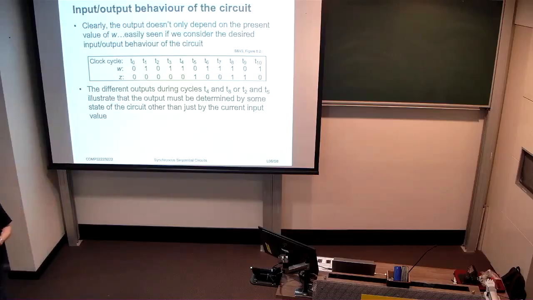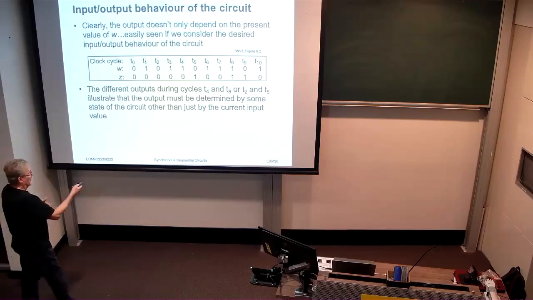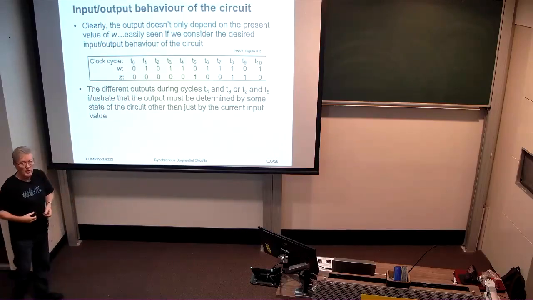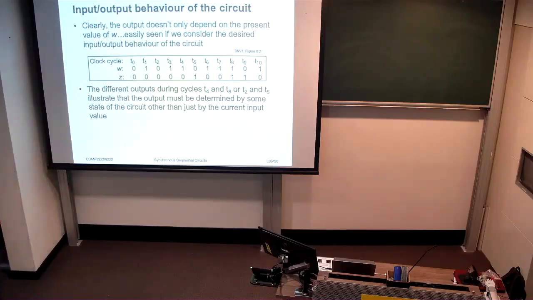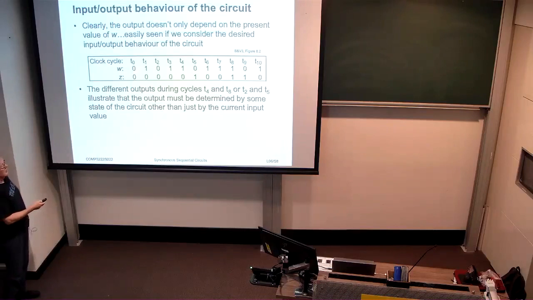So clearly a combinational circuit isn't going to perform the behavior that we want. And this implies also that the output has to be a function not just of the present input, but also some previous inputs into the circuit and potentially the state that gives rise to.